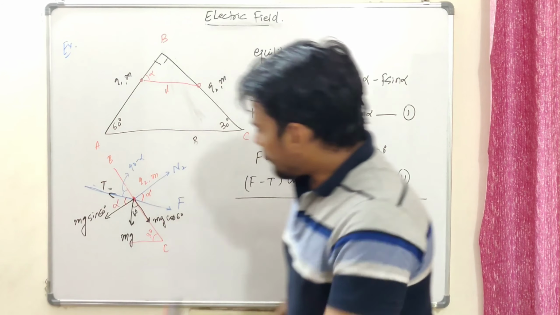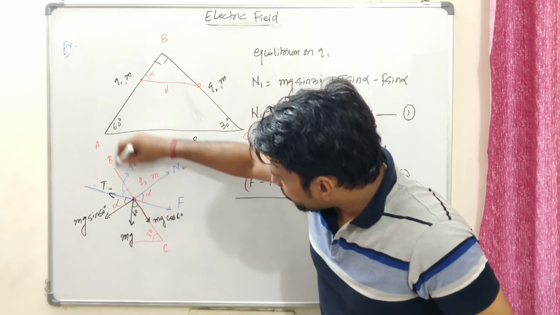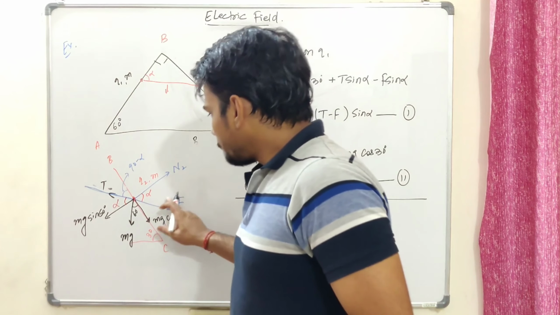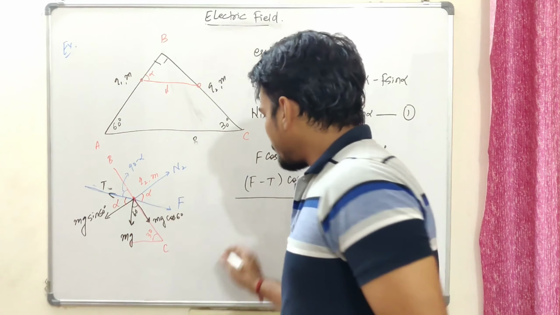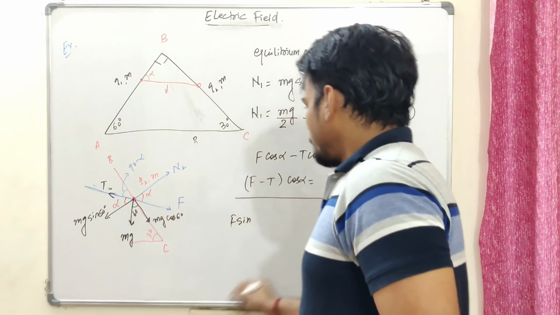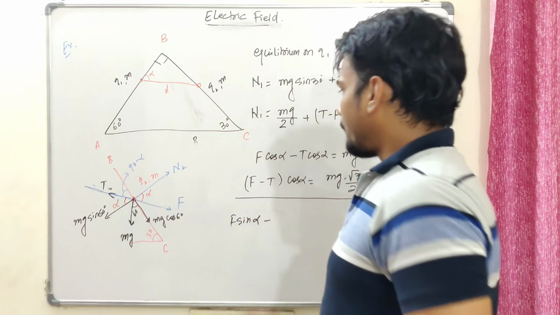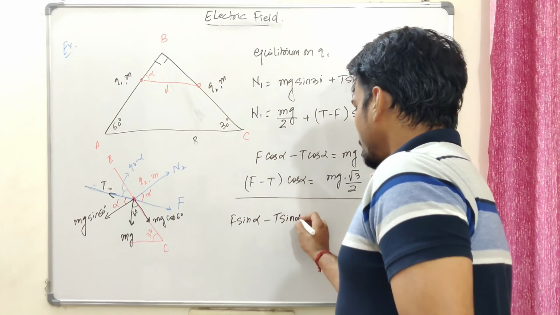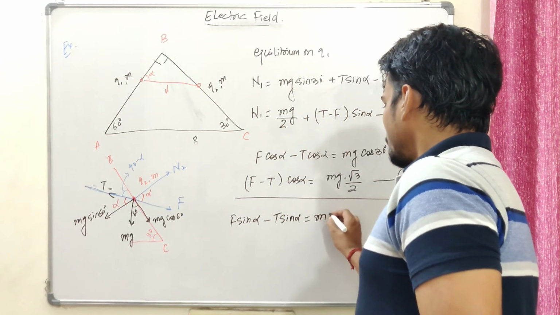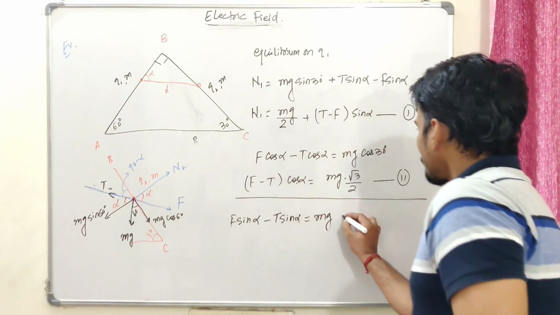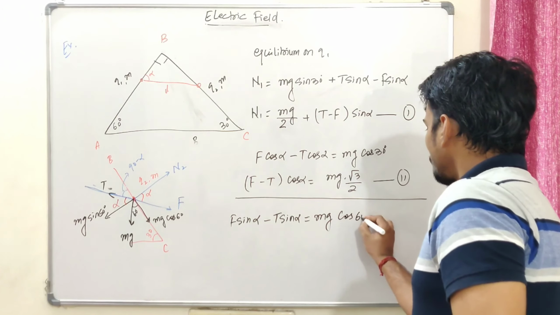Okay, a part of tension is acting upward, that is going to be T sine theta upward, and a part of force should be acting downward, F sine theta. So can I say, this angle is alpha, F sine alpha minus T sine alpha is equal to mg cos 60.